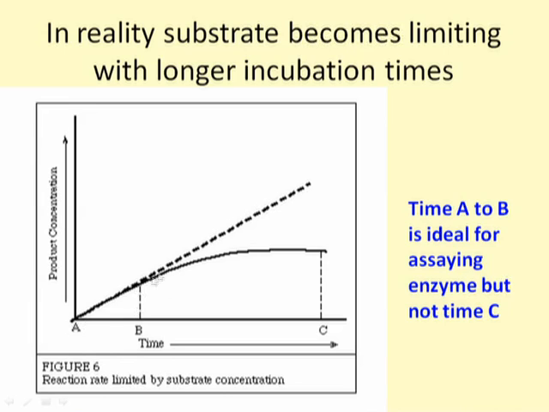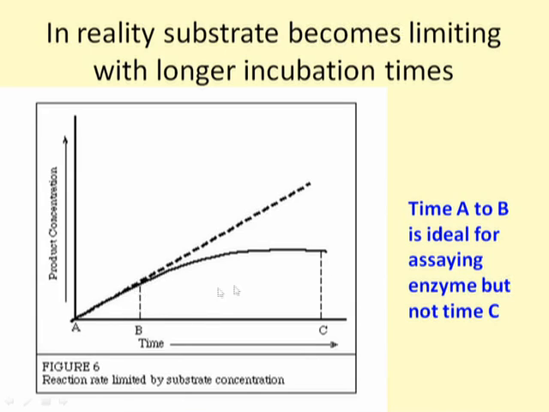But in reality, most of the time the graph tapers down, and the reason for that is that substrate is limiting. Although we started with a high amount of substrate, it cannot remain high for extensive incubation periods, and after a certain point the substrate becomes limiting.